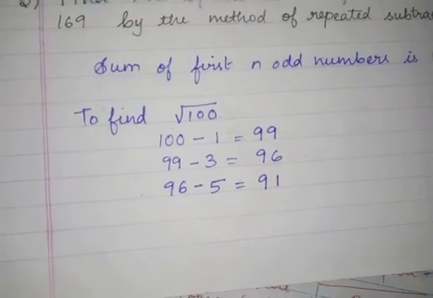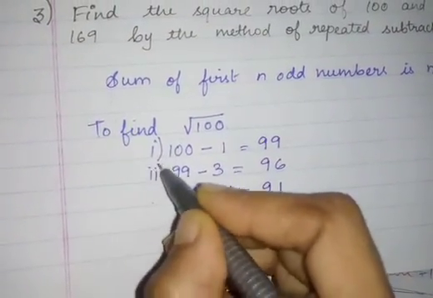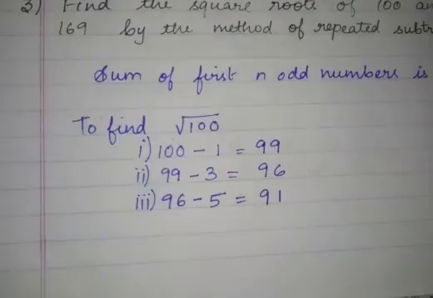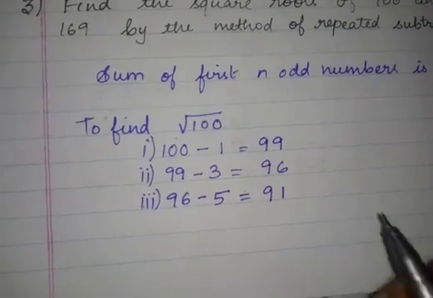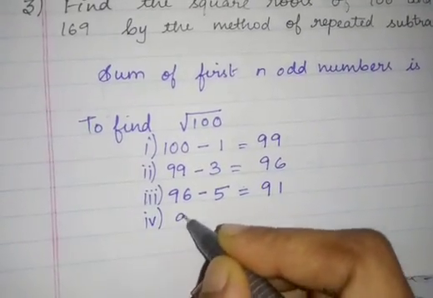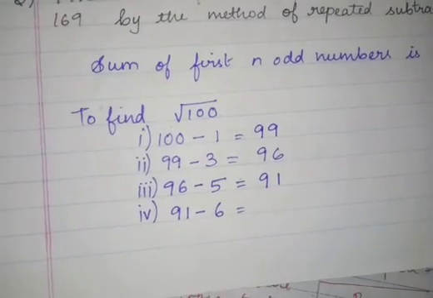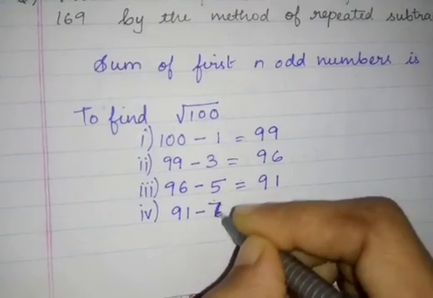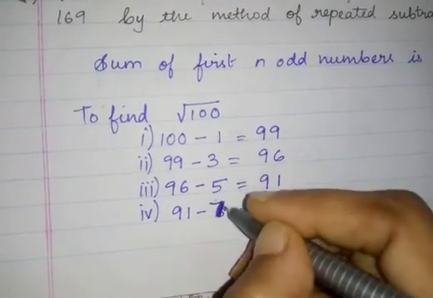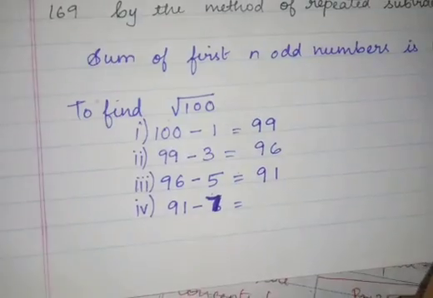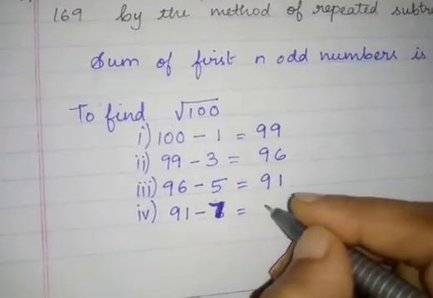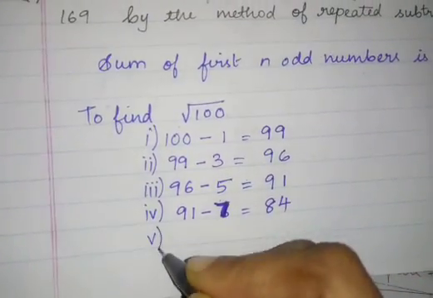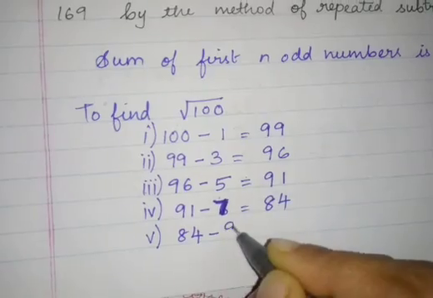This is your first, second, third step. The steps are very important, because based upon the step count you give the result. Next, fourth step, 91 minus 7, not 6, because after 5 comes 7. 91 minus 7 is 84.